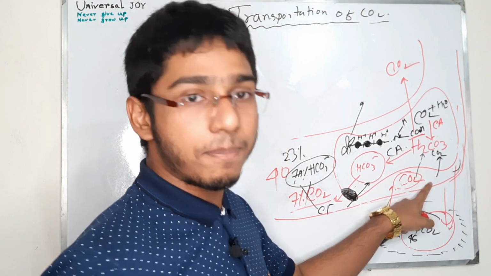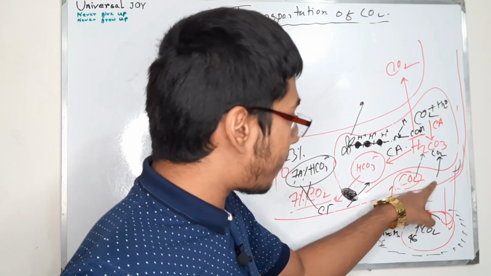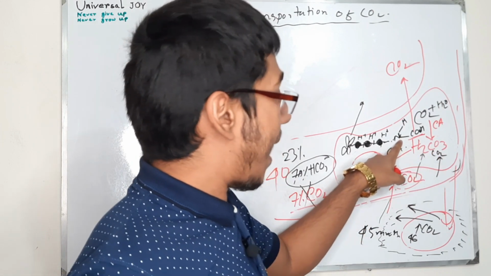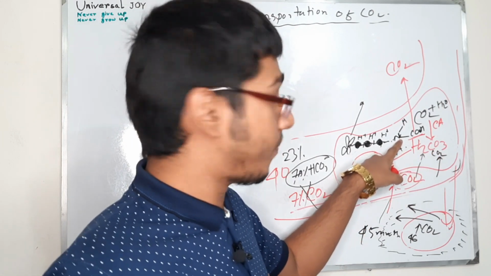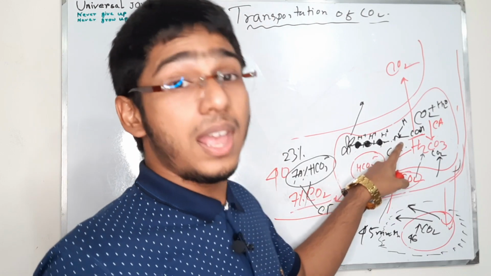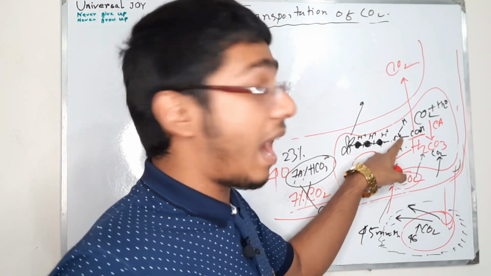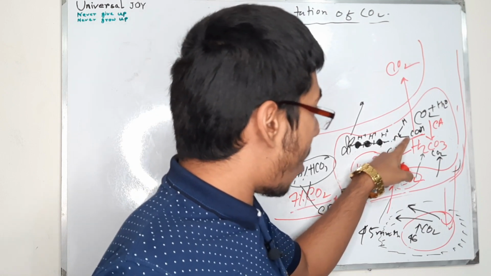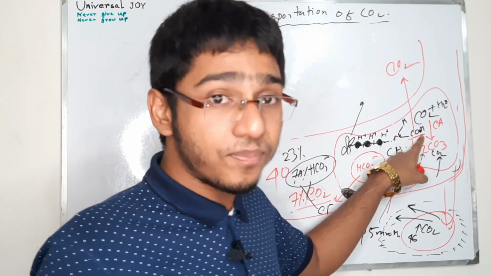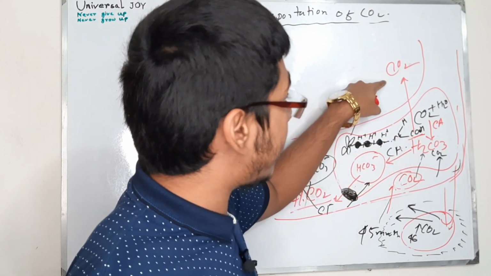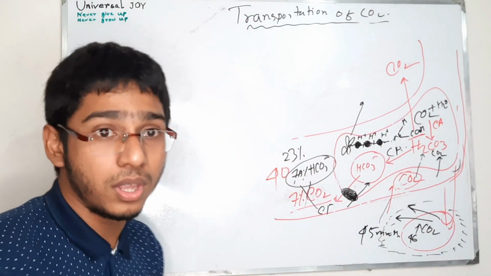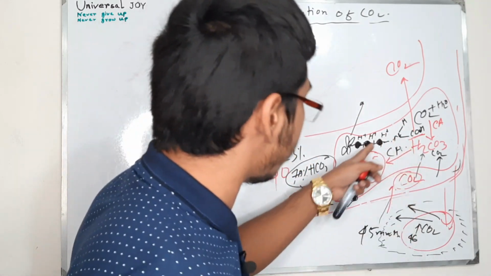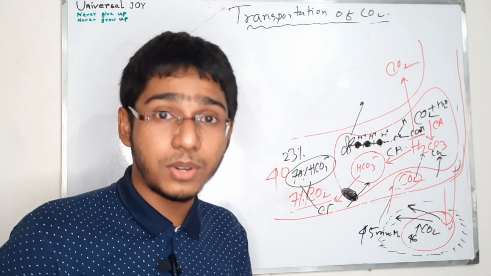Carbon dioxide from the plasma enters into the RBC and directly binds with the amino acid part of the hemoglobin, especially the amino end, and after the binding, this amino end turns out to be N, then a bond, then COOH. This COO represents that it is a carbon dioxide compound. Now this is called a carbaminohemoglobin compound. As carbon dioxide binds with hemoglobin, it is called a carbaminohemoglobin compound.